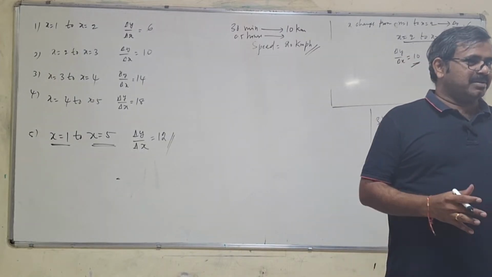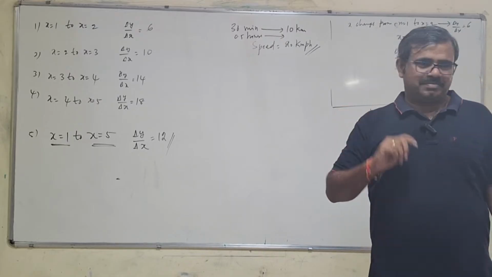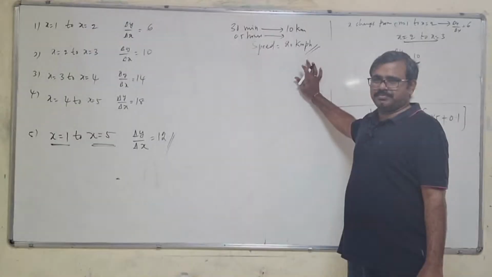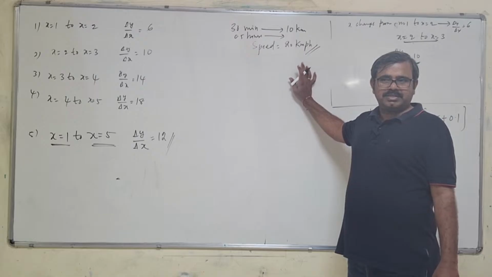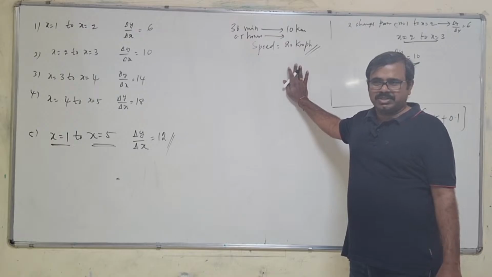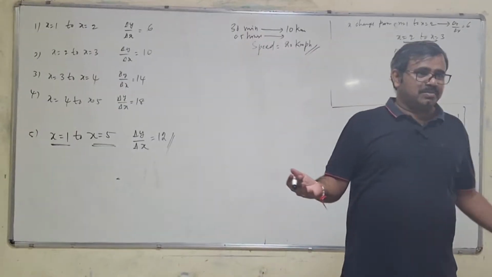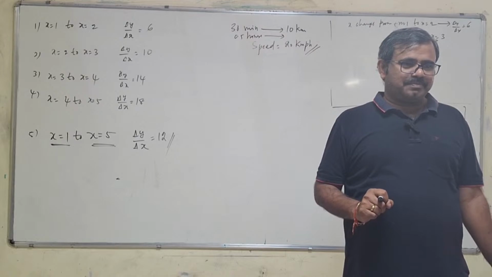Okay, this is speed. Speed is what? Distance covered in unit time. What is the unit here? Hours. You understand what I'm saying? Distance covered by the body in 1 hour is 20 kilometers. That's what it means. So in 30 minutes it goes 10 kilometers means it travels with a speed of 20 kilometers per hour.